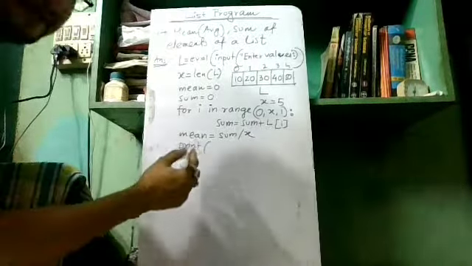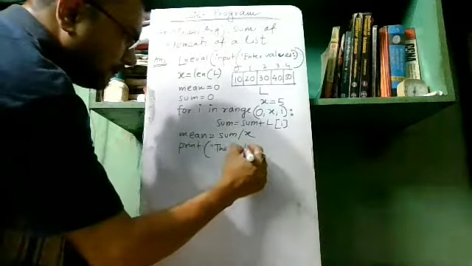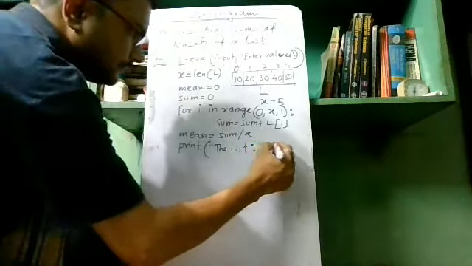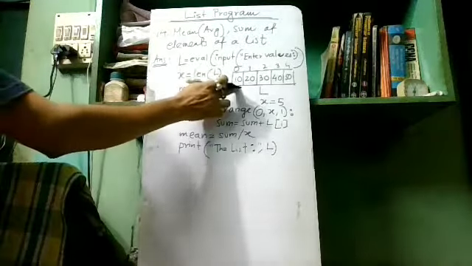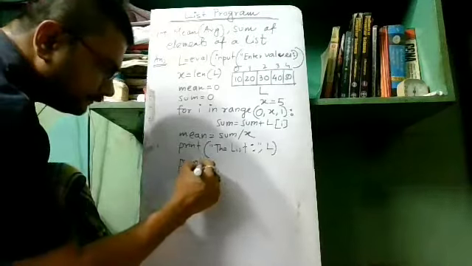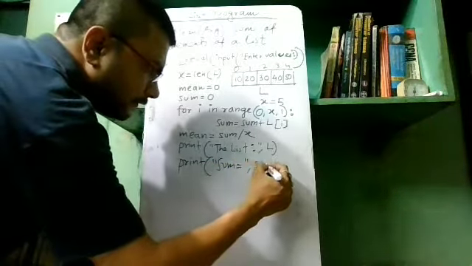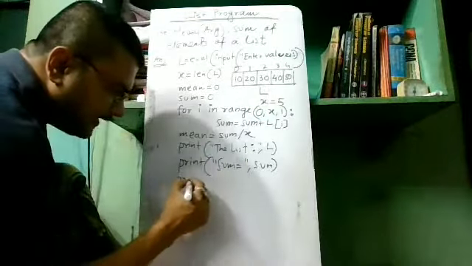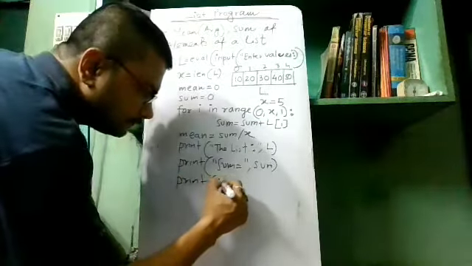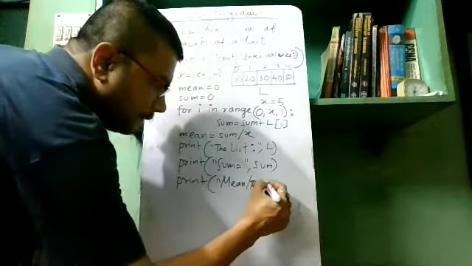Now we are printing. First of all, the list will be printed. That means these values will be printed. After that, we are printing sum, and then we are printing mean or average.